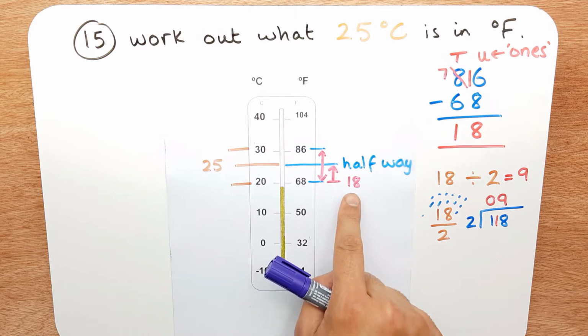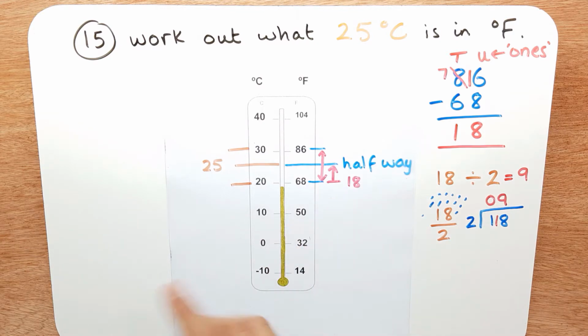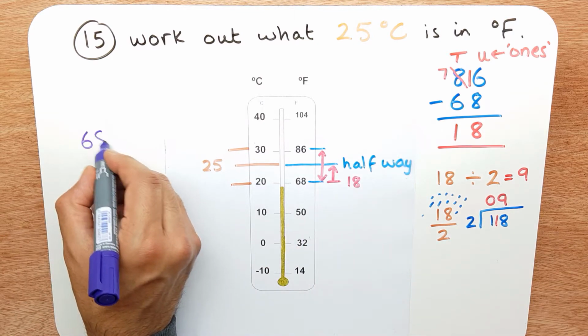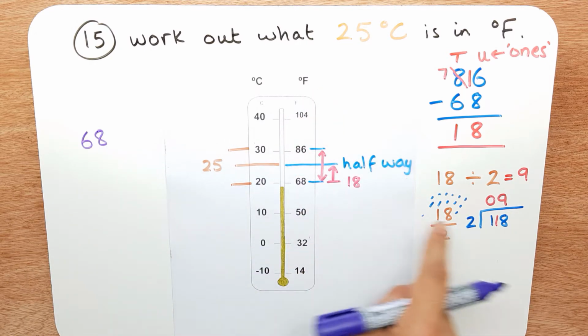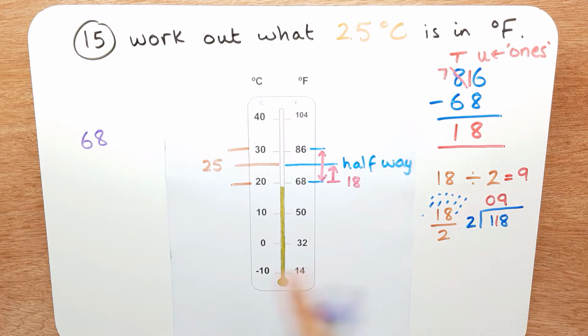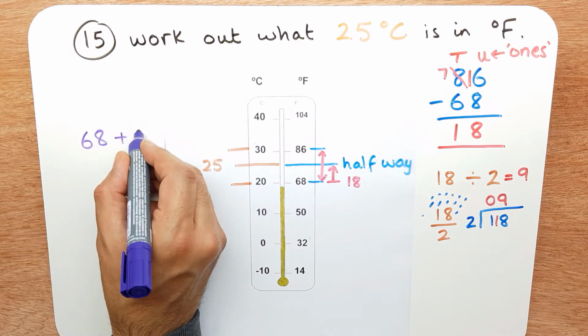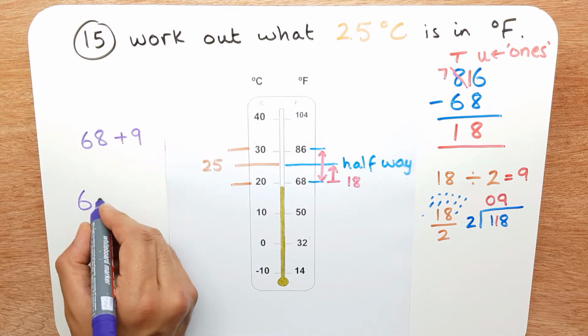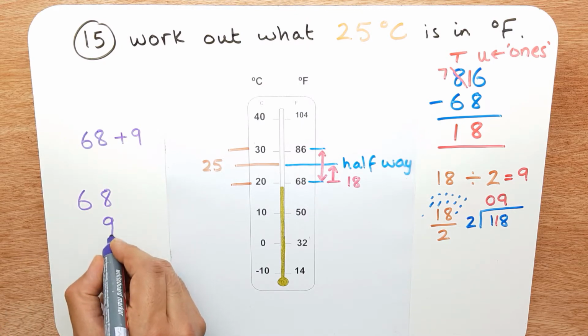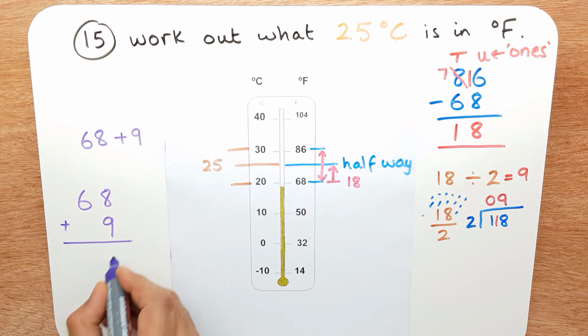So my final step for this is 68 degrees Fahrenheit, add the 9 that we've worked out. And again, come down here, put them into columns, and we need to add them.